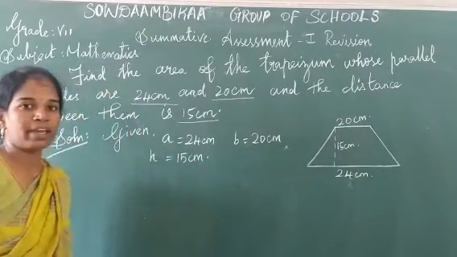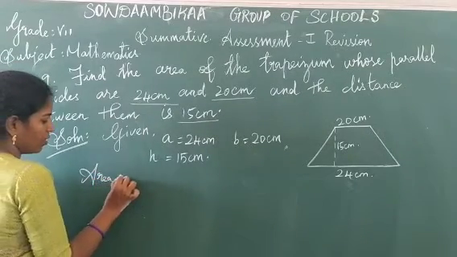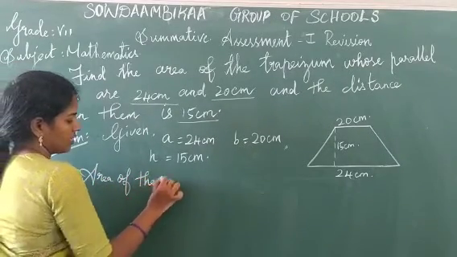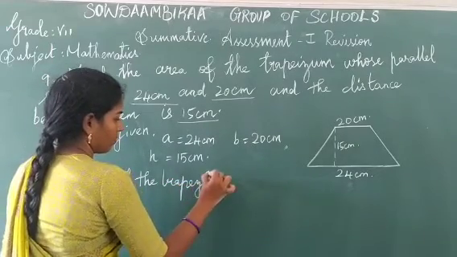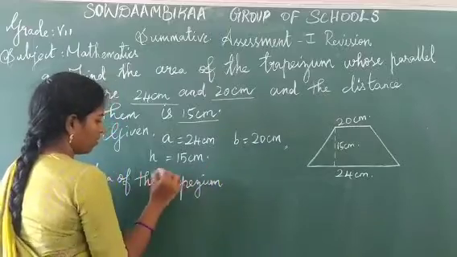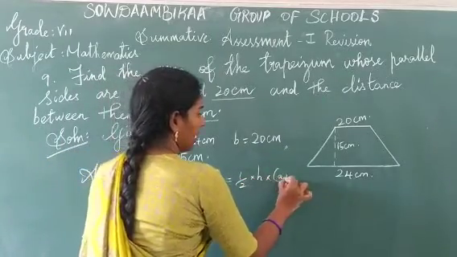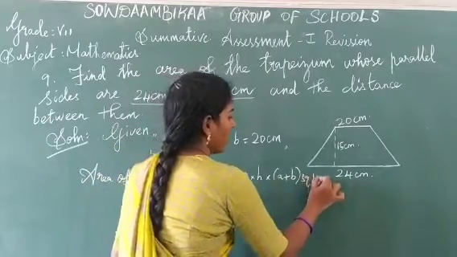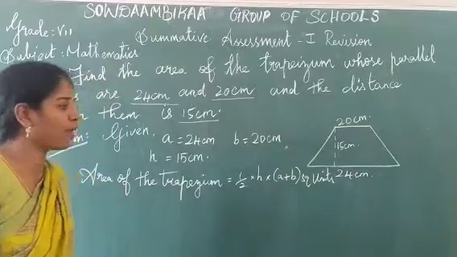Find out the area of the trapezium. What is the formula here? Area of the trapezium is equal to half into height into A plus B square units.